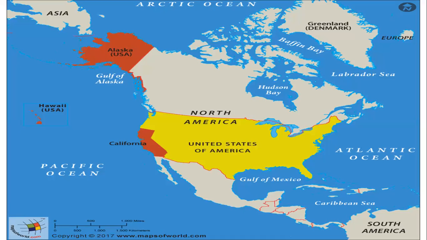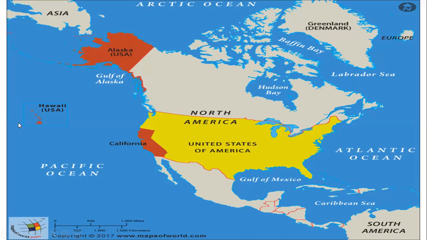And if we are looking here, this is North America, which is land. And all of this yellow is the United States of America, including this red here. This is California. And Alaska is up here, but it's still one of our 50 states.